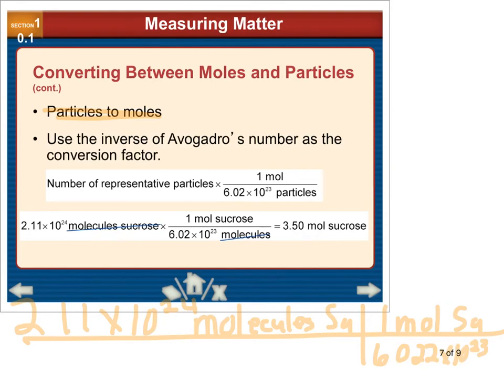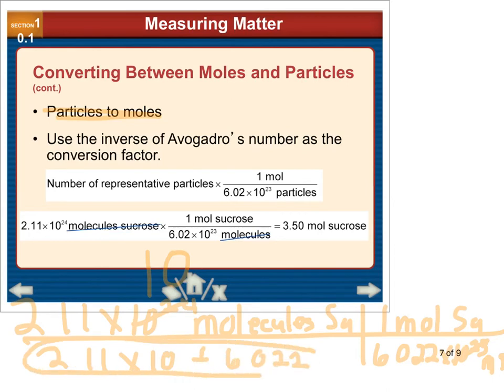I don't have room to write that out, but I'll just put M as molecules of sucrose. The 10 to the 23rd, we cancel out of 10 to the 24th, just leaving us a 10. So now the calculation here would be 2.11 times 10 divided by 6.022. And when we do all that, it gives us the 3.50 moles of sucrose.